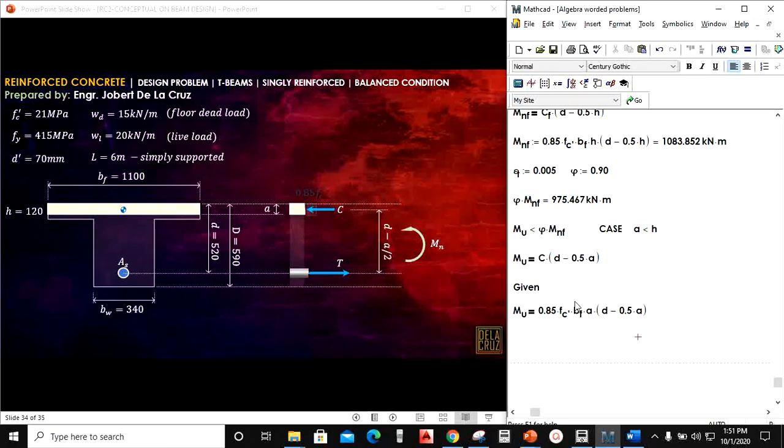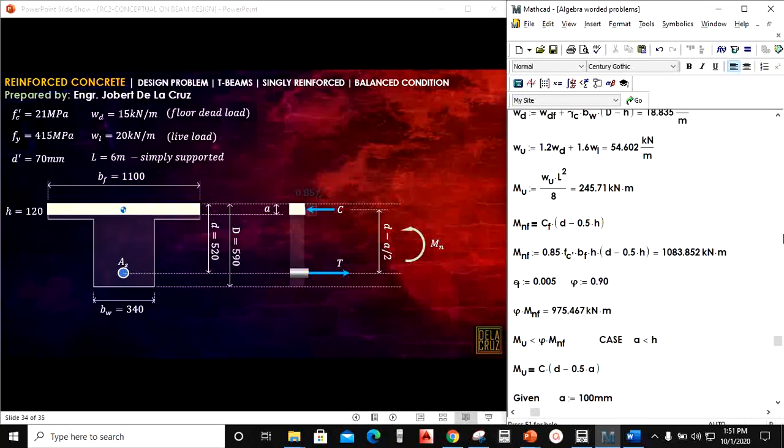Yung A, yung unknown. By doing that shift solve in MathCAD, I will just assume a value muna, 100 mm, let's say, since I know that it is lesser than. Parang nag-guess ka lang sa calcu dito. So, in your calculator, if you have shift solve, here in MathCAD I will have, find the value of A. A yung variable ko dito. So, I press equal. So, ito yung A ko dito. Okay? Klaro ba? That one.